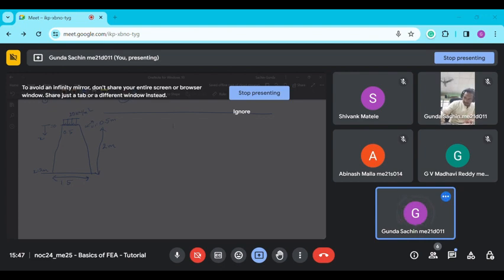For a bar, the governing equation is the standard bar equation: minus d by dx of (EA du by dx) equals f. This is the governing equation for this problem.